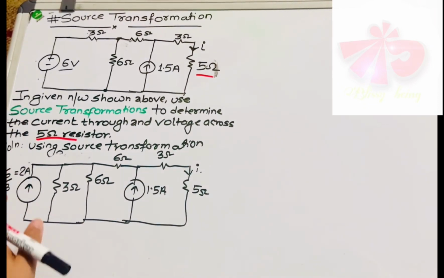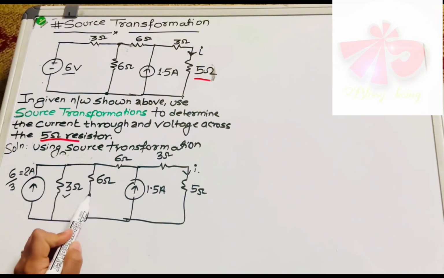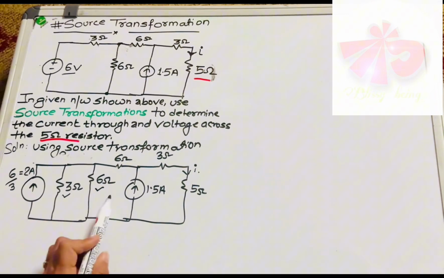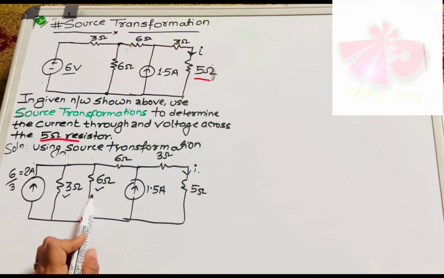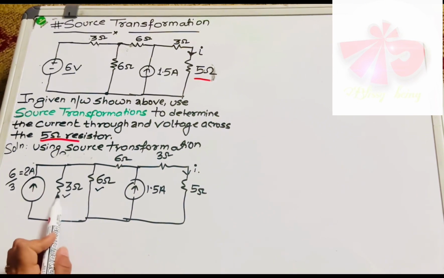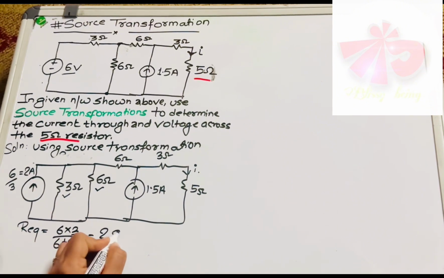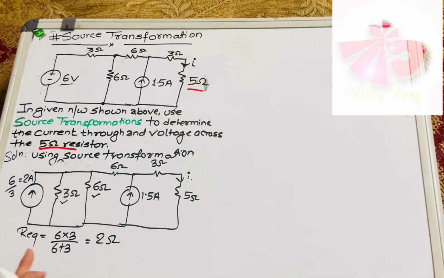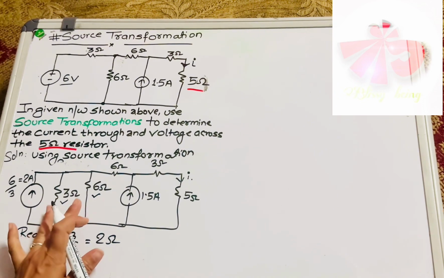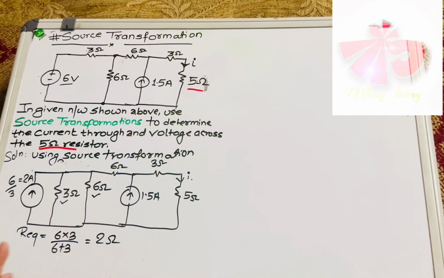After this is done, we can easily notice that this 6 and this 3 are in parallel connection, so we can replace them by their equivalent resistance. Now R eq is 6 into 3 upon 6 plus 3, which is 2 ohm. Once you identify the R equivalent, replace them by their R equivalent.